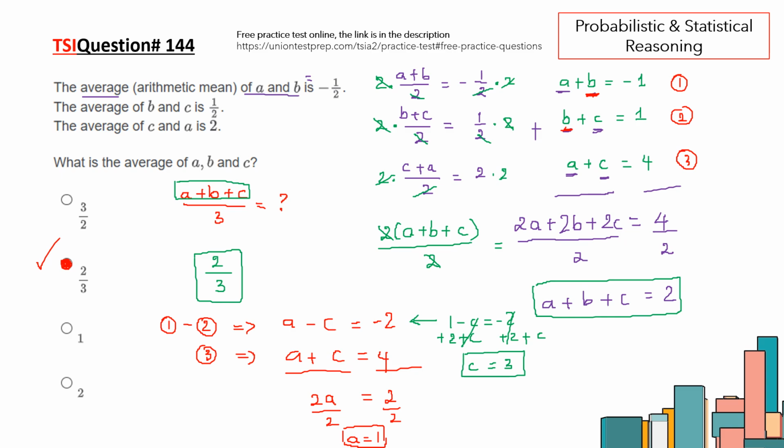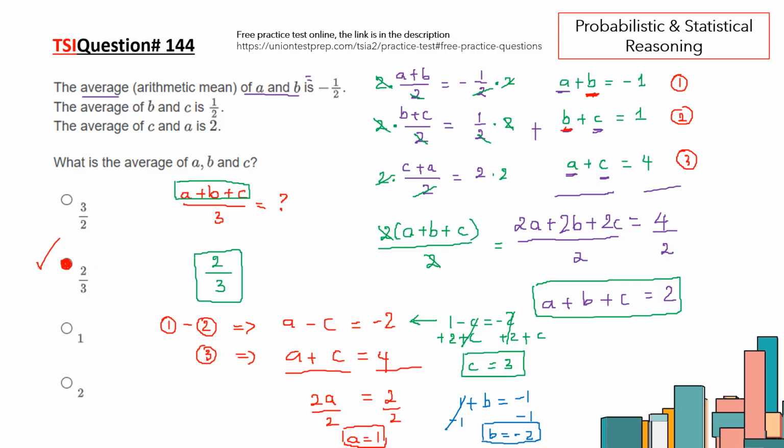When we have C equals 3, how can we find B? We can use the first equation to solve for B, because A plus B equals negative 1, so 1 plus B equals negative 1. Now we subtract 1 from both sides, and we have B equals negative 2.